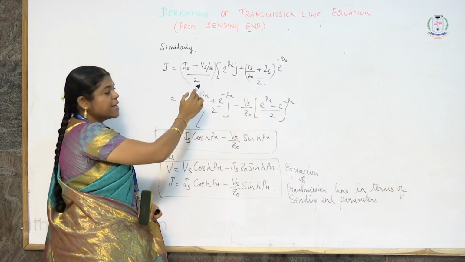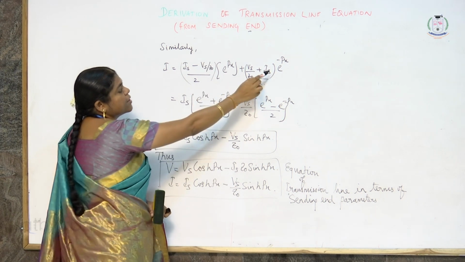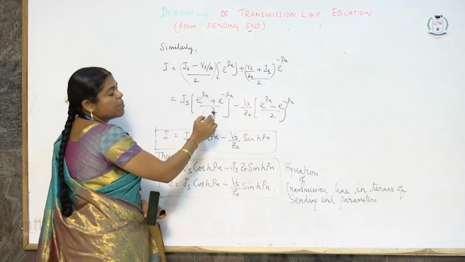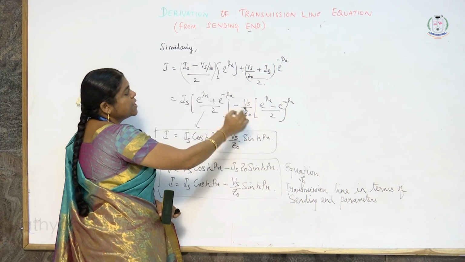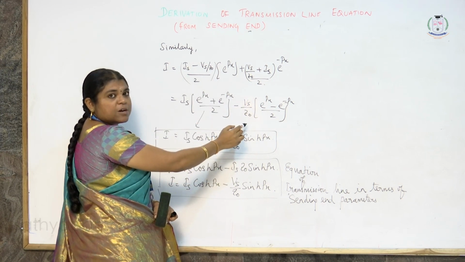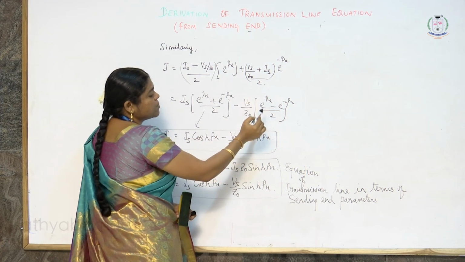I have taken Is outside, so you are left with e power px and e power minus px. I have brought this 2 inside the bracket. Similarly, I have taken minus Vs by 2 z naught outside the bracket, and I am left with e power px minus e power minus px by 2.